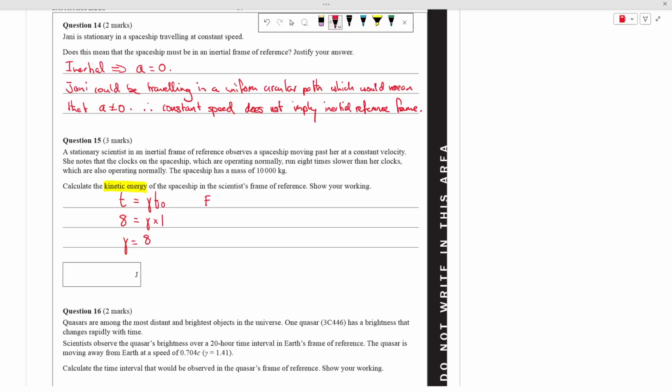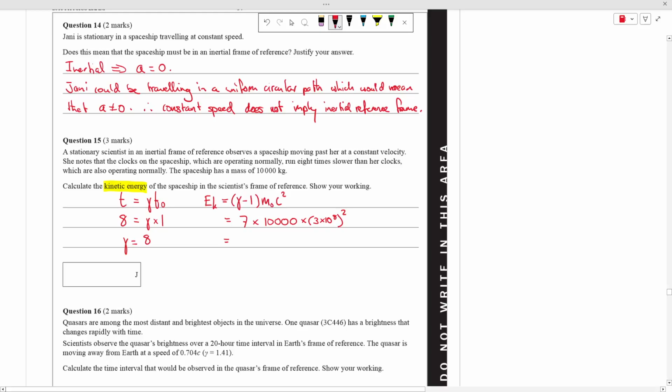From your formula sheet, relativistic kinetic energy is equal to gamma minus 1 times m0 c squared, where m0 is the rest mass of the spaceship, so 10,000 kilograms. Right, so this is just going to be 7, because 8 minus 1, times 10,000 mass of the spaceship, times speed of light squared, 3 times 10 to the 8 in brackets, squared.